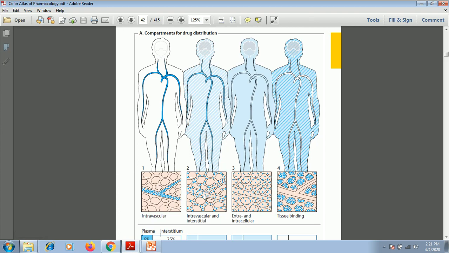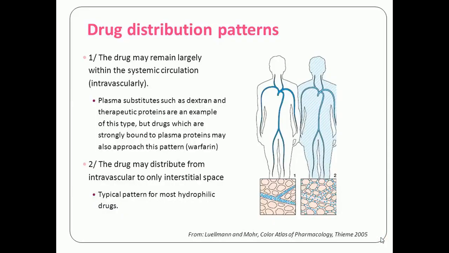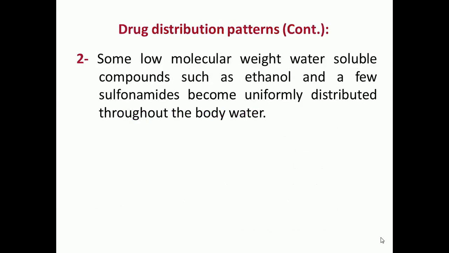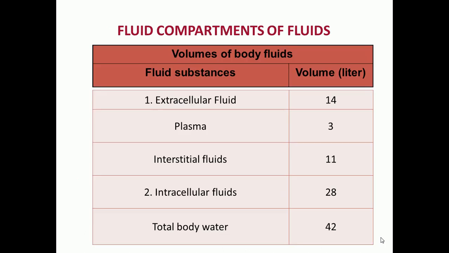The drug is distributed in the interstitium, then extra and intracellular, then there is tissue binding. Here is the example of tetracycline.